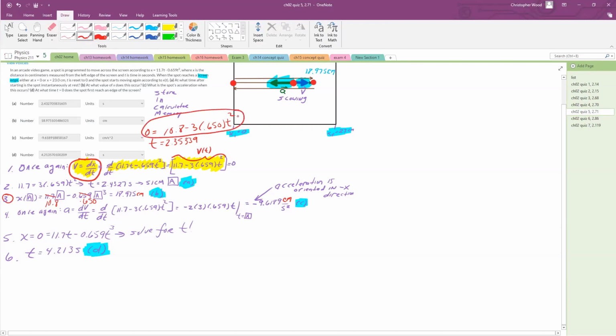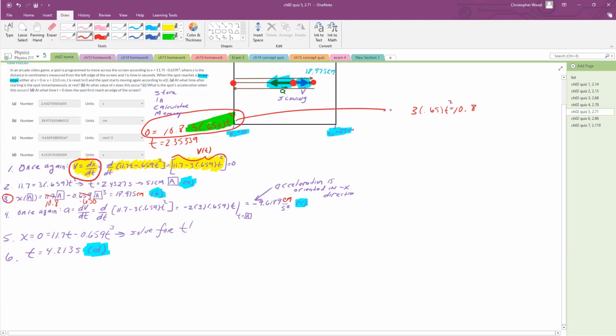Right. So from here, I'm going to leave 10.8 all by itself on the right side, and then I'm going to bring this combination to the left side. So if I bring all of that to the left side, I'm going to get 3 times 0.65 t squared.